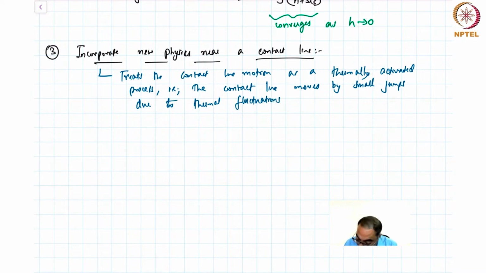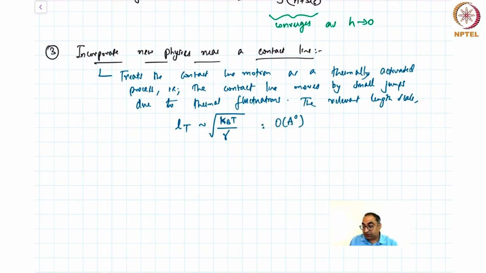And the relevant length scale of these jumps, let's call it LT because it depends on the local temperature, is the thermal energy, kBT, divided by the surface tension. And this quantity is of the order of angstroms. So in other words, there are very, very tiny fluctuations that occur.